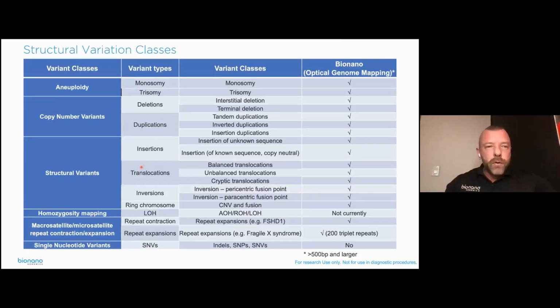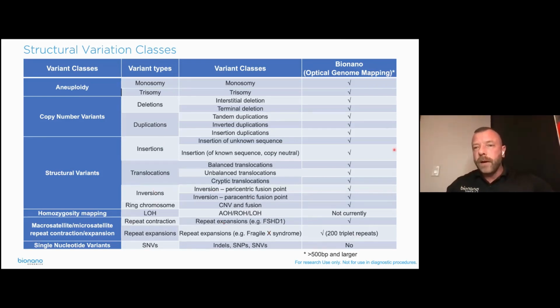So what's important to realize is that when we're talking about structural variants, there's just a large number of different classes. There's aneuploidies, where chromosomes are duplicated or deleted. There's copy number variants that are really large deletions or duplications. Then there's the more standard structural variants of the different types, repeat expansions, repeat contractions.